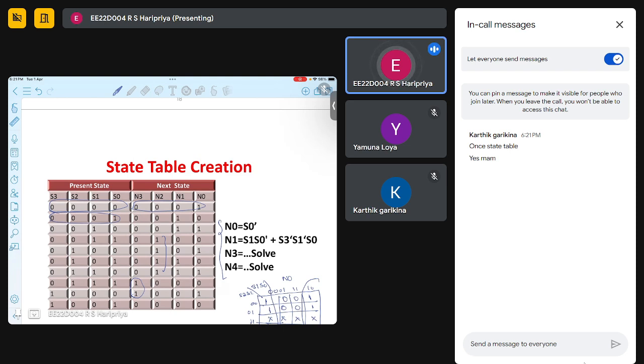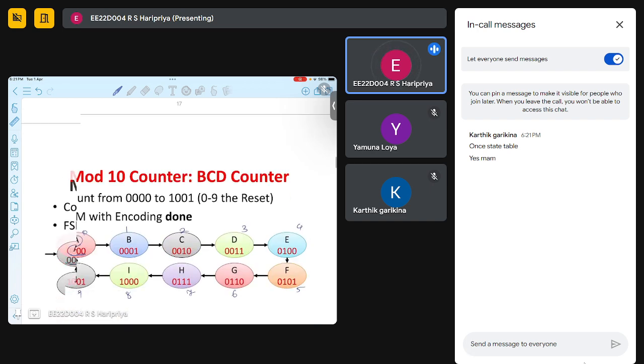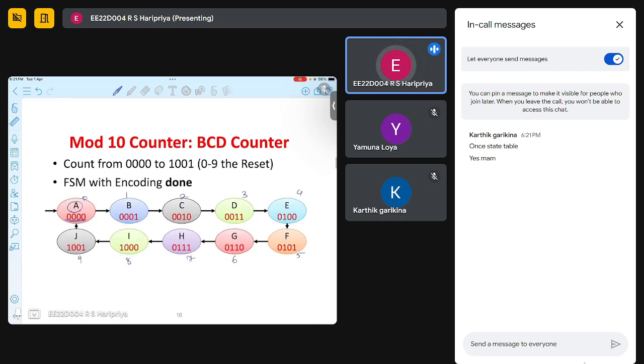Because we want to simplify using the K-map, it is good to write the present state in order and see the FSM state diagram and then fill in the next state.